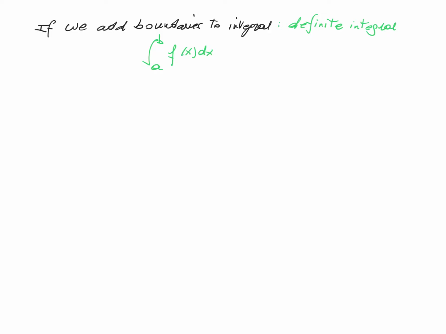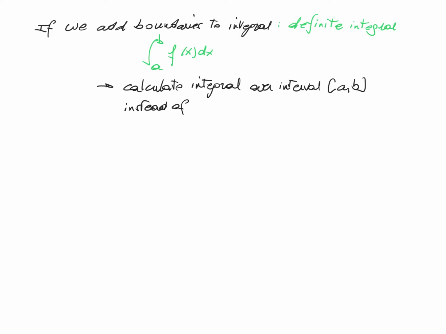So we have a lower boundary a and an upper boundary b. This means that we calculate the integral over the interval a b instead of over the whole real line, so over all the values in R.